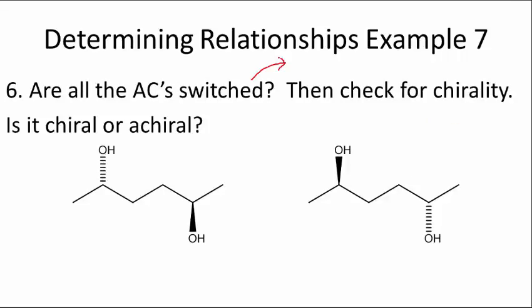All the asymmetric carbons are switched. But if I look, this one on the left-hand side has 1, 2, 3. That would be S configuration. 1, 2, 3. This would be R. Whereas this one here would be 1, 2, 3, R. This one here would be 1, 2, 3, S.